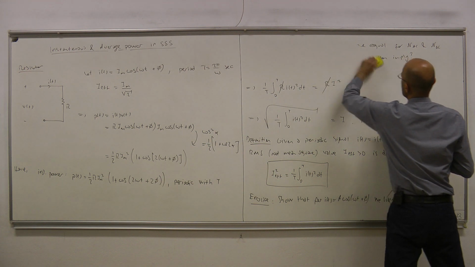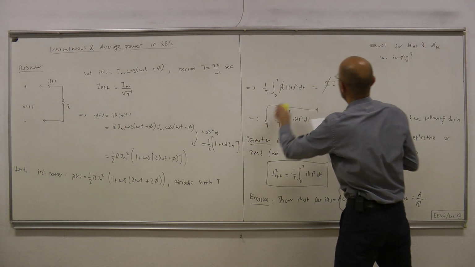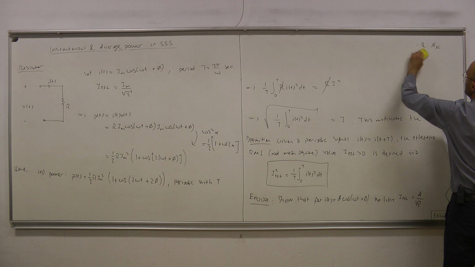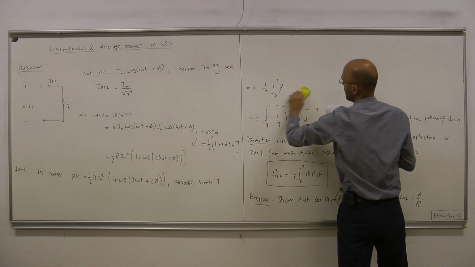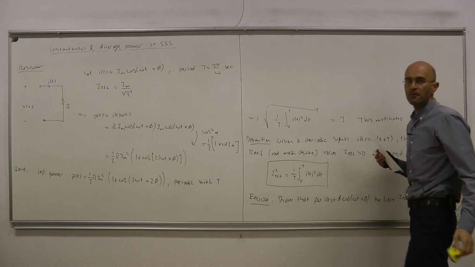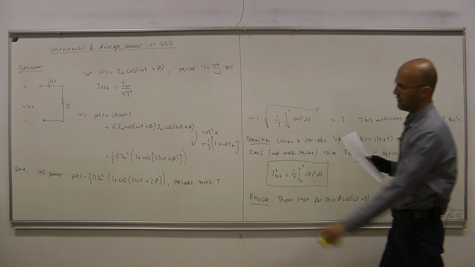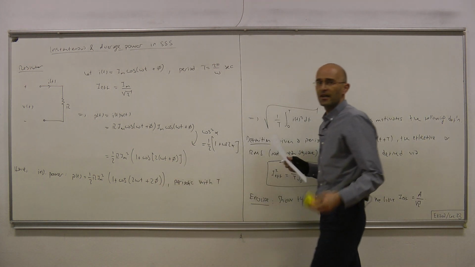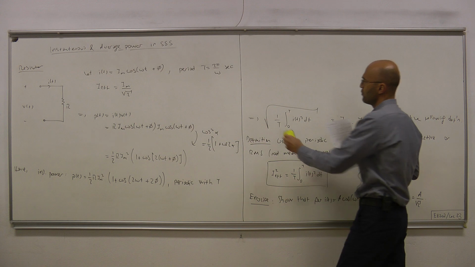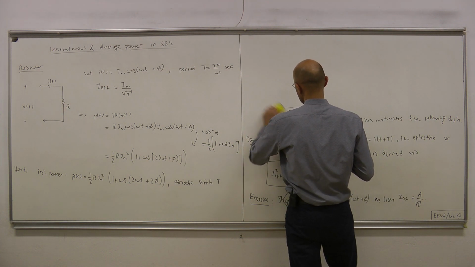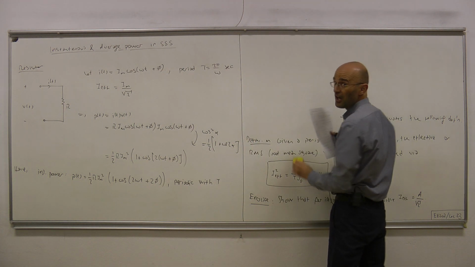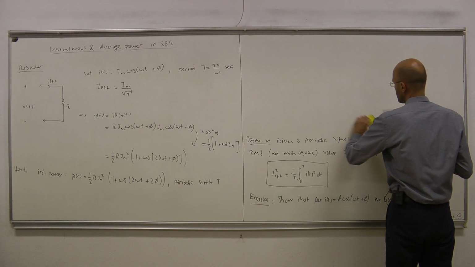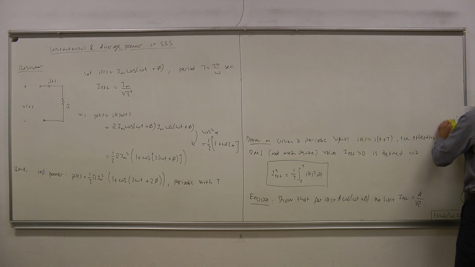which, by looking at this expression, is more or less obvious what it should be, because the instantaneous power can be written, as we just computed, as the sum of two terms. One of those terms is a constant, which will produce itself as its average, and the other term is purely sinusoidal.